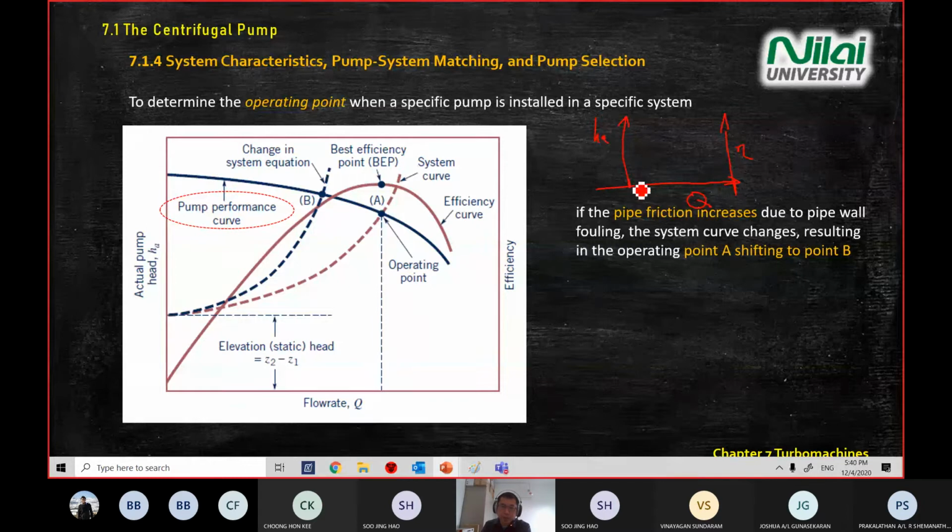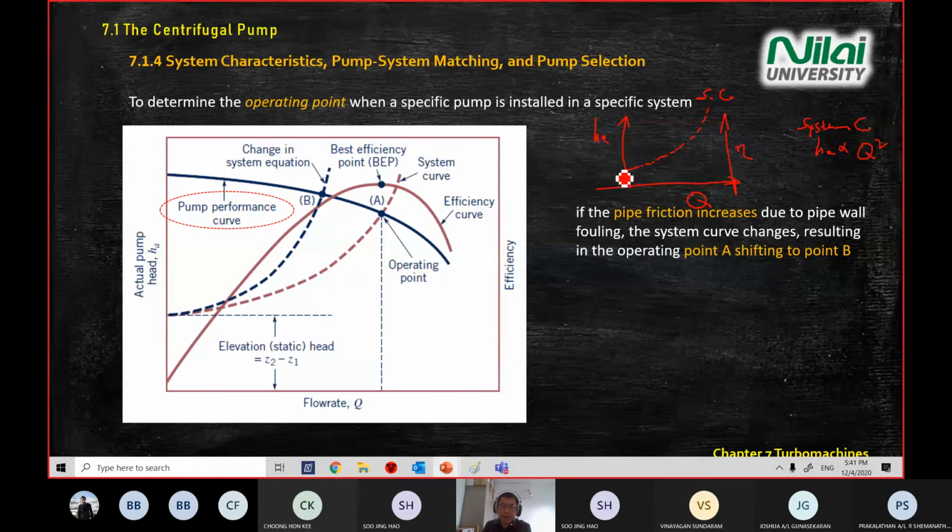So what you do is, first you plot the system curve. The system curve always looks like this shape, because HA will be Q square something. You plot on this graph, and then you make full use of the graph.